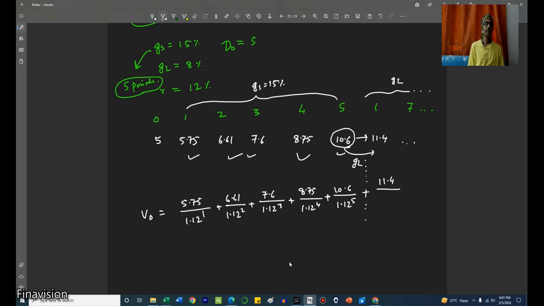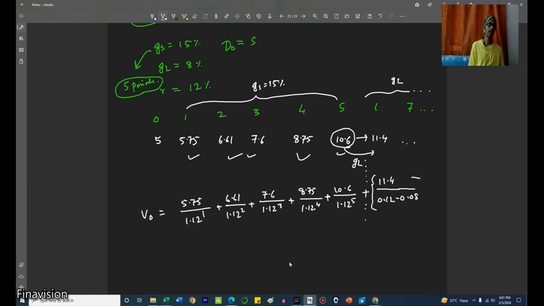11.4 divided by 0.12 minus 0.08. We do not need to multiply this by 1 plus GL, because we have already multiplied it and we are going to get the value at t is equal to 5 if we derive this value.